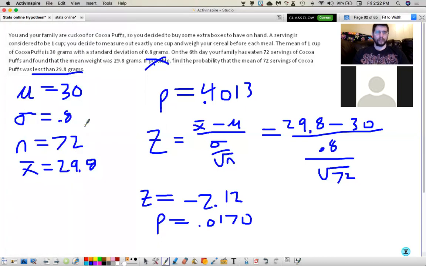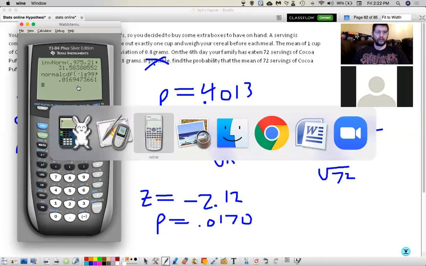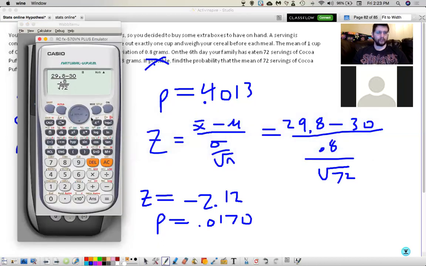Oh, that's what happened. I didn't use the central limit theorem when I typed in the Casio, did I? So divided by square root of 72. Oops, whoa, no, that's not what I want. That should give me, yeah, okay. So let me go back into Casio. Sorry, guys. A little off today.